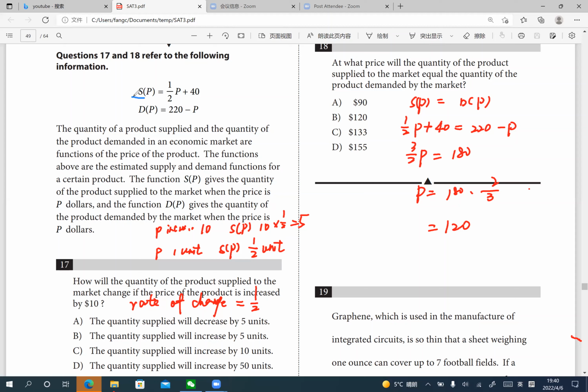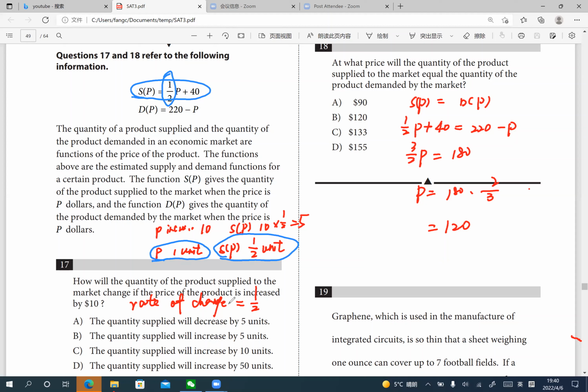From the first equation, that is the supply function, S(P) equals 1/2 times P plus 40. So the slope of the equation is 1/2. The slope, also known as the rate of change, means whenever P increases 1 unit, S(P) will increase 1/2 unit.